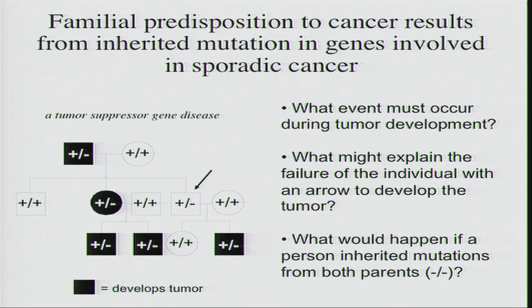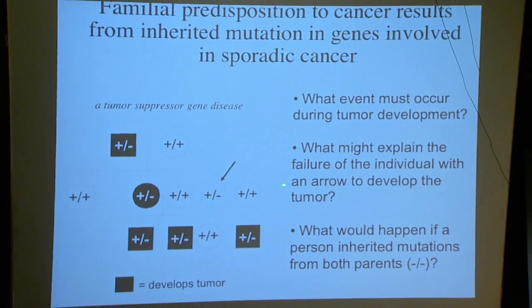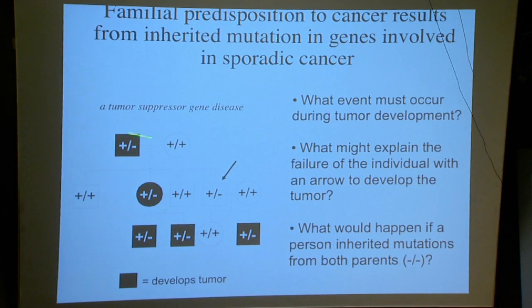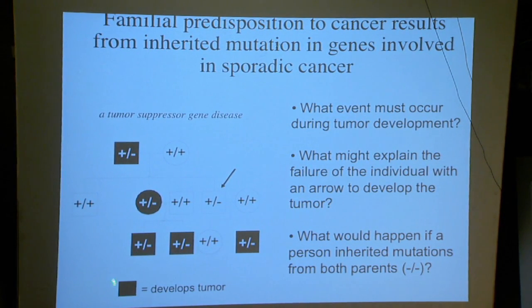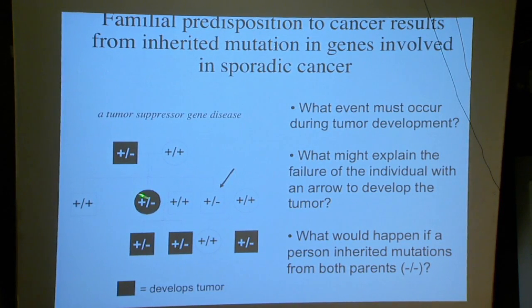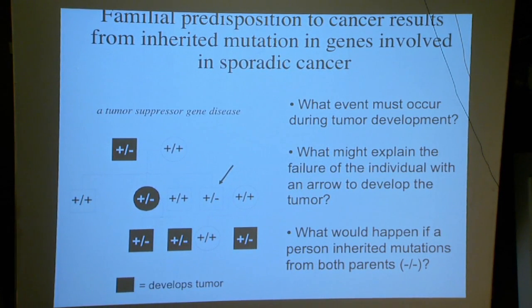And so, with that in mind, as we consider this pedigree similar to the one I just showed you, where one parent is heterozygous for the loss of function mutation and passes that on to the next generation and beyond, in this individual, as well as the other ones shown with the dark symbols where a tumor did develop, what is a necessary second event?